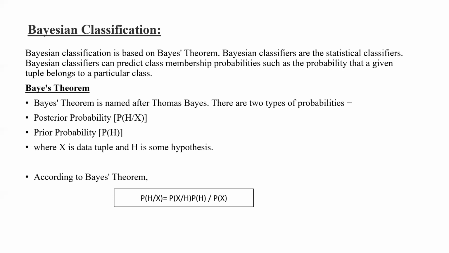So the posterior probability is based on more information than the prior probability, which is independent of X. Similarly, P(X|H) is the probability of X conditioned on H. Considering all these terms, we can calculate Bayes theorem with the formula P(H|X) = P(X|H) P(H) / P(X). So this is all about the Bayes theorem.